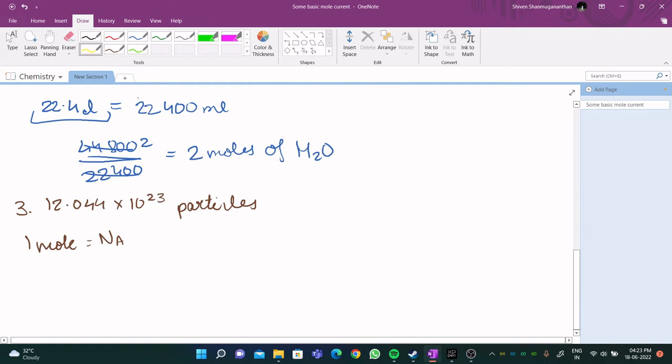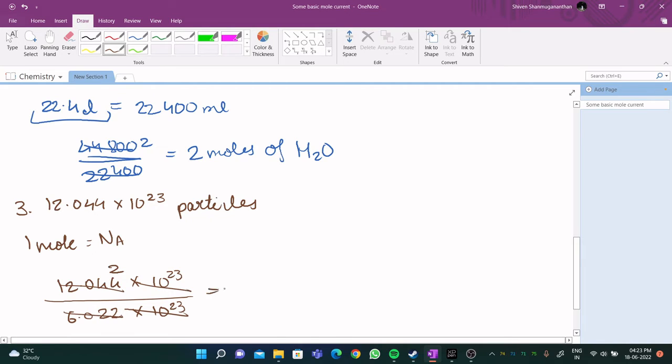So we divide the number of particles we have by Avogadro's number, which is 6.022 into 10 to the power 23. You'll see all of this cuts out. We get 2. Hence, we have 2 moles.